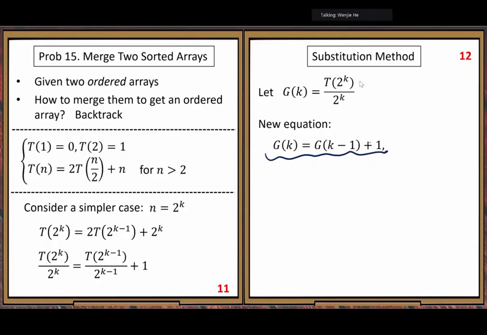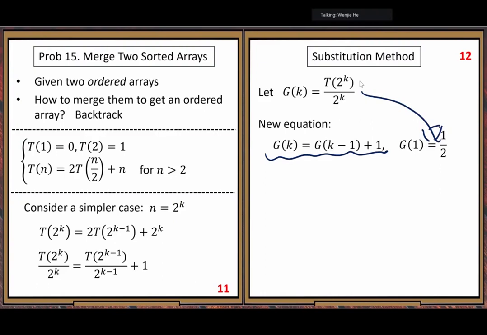After substitution, your new recurrence relation becomes much simpler. Then you can do iterations directly. Definitely, we need to have the base case. Base case. Plug in.